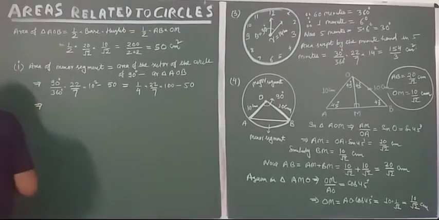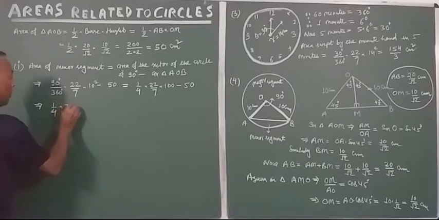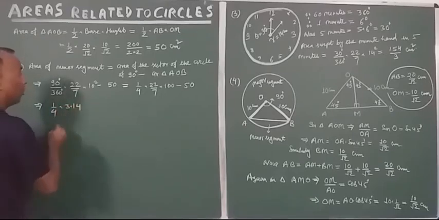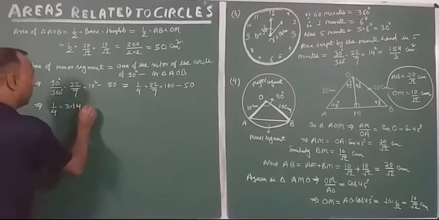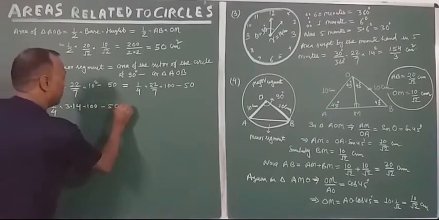The question says use pi is equal to 3.14. So what will happen? 1 upon 4 into 3.14 into 100 and minus 50.